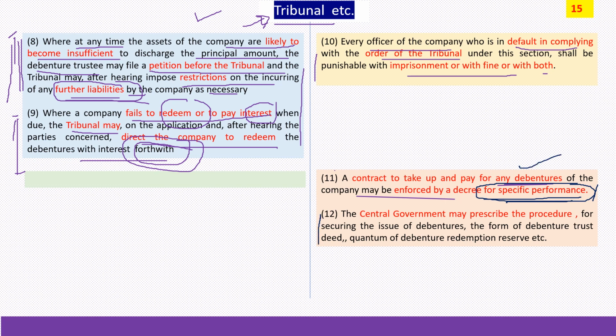And as regards debentures, the whole area is at the discretion of the government, which can prescribe various rules, like Rule 18, for the management of debentures, their issue, redemption, interest, process, debenture redemption reserve, etc. That discretion is given to the central government to make the relevant rules.